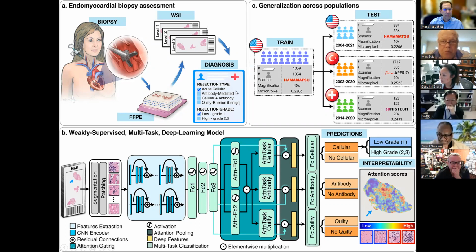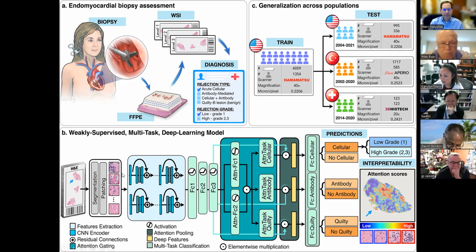Acute cellular rejection, AMR, and multiple lesions were the output diagnoses, and then the grades were also. These slides were trained on data sets from Brigham, which is the US training set, and then there were thousands of slides from Turkey and many other slides from Switzerland.